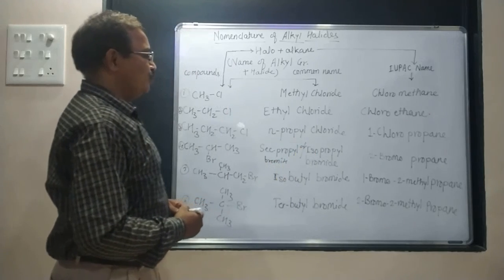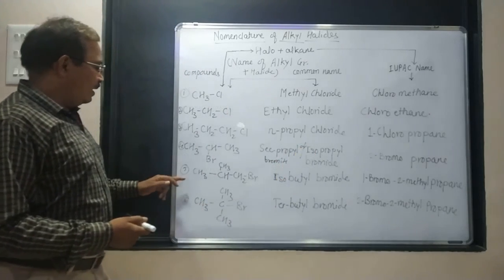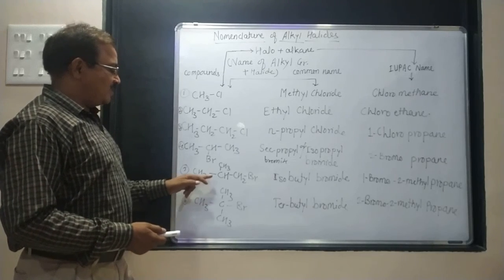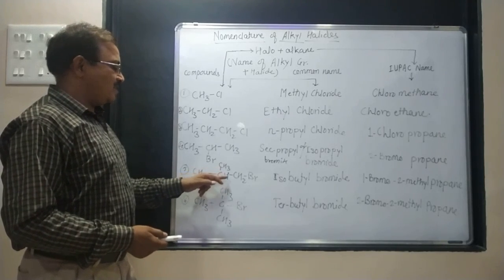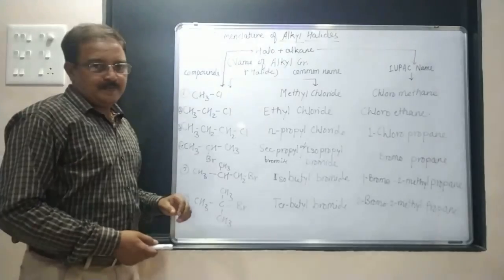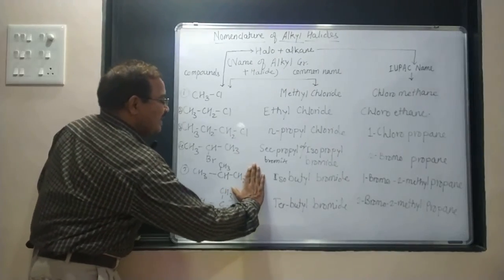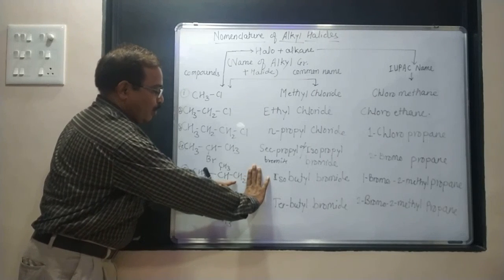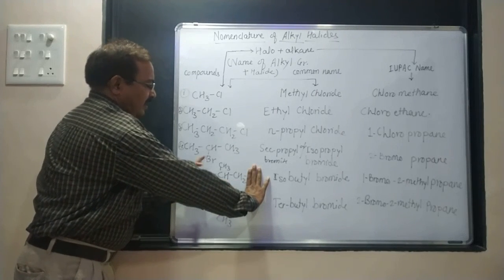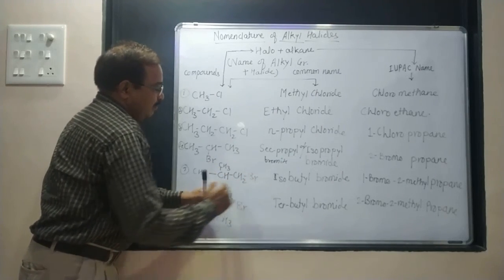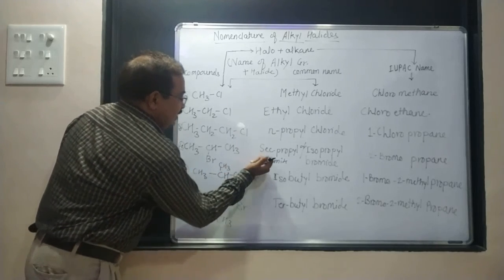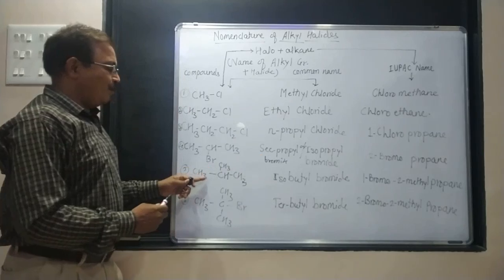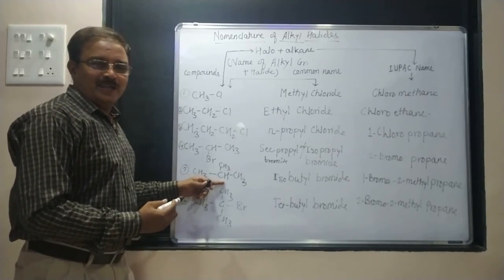Now let us try to understand the fifth compound, that is CH3, CH, CH3, CH2, Br. Let us hide this halogen and we will try to find out the name of the alkane. If I substitute this Br by hydrogen, the compound will be isobutane.